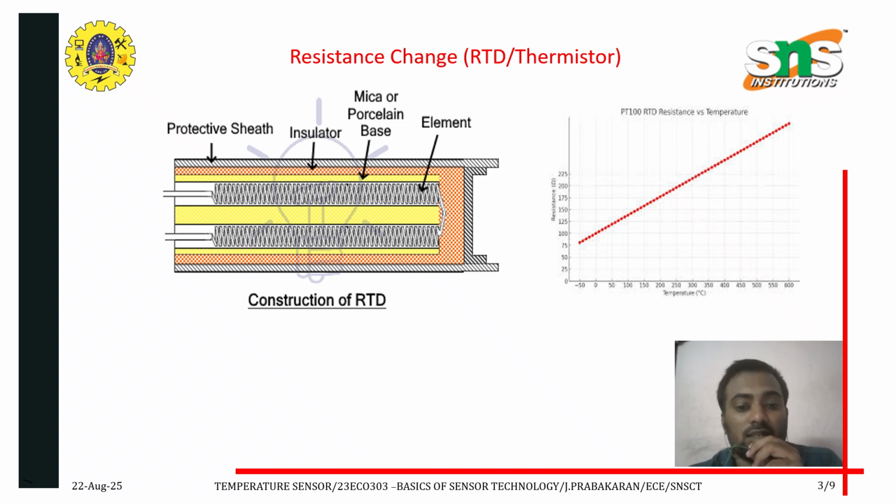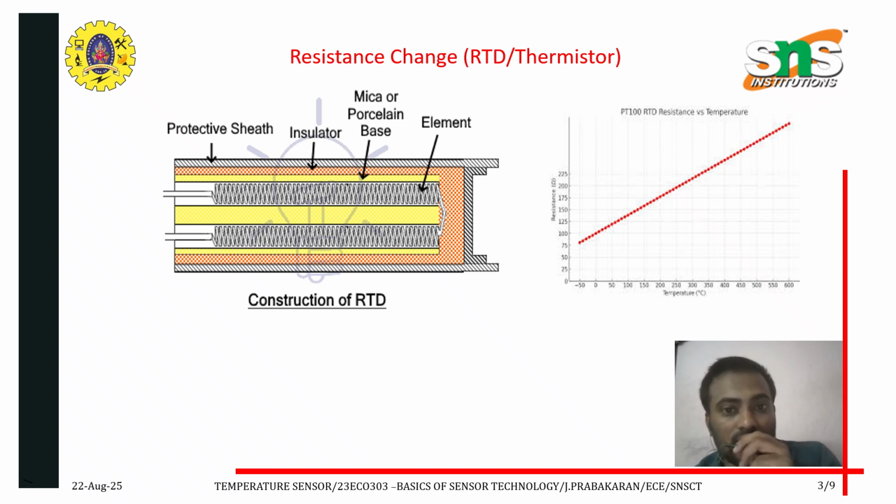And this is the construction of the resistance temperature detector. Usually platinum material is generally used, and its structure is a fine platinum wire or thin film deposited on a ceramic substrate, encased in a protective sheath, which is generally glass or metal.